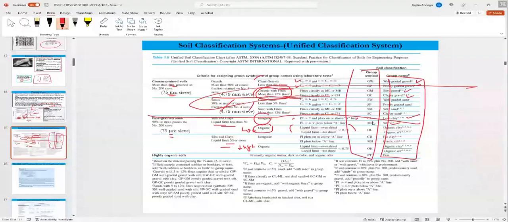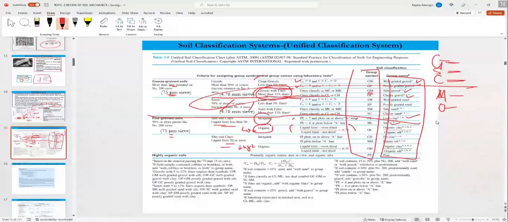So C means clay, M means silt, G means gravel, W means well, P means poorly. G is gravel, S is sand, C is clay, O is organic.